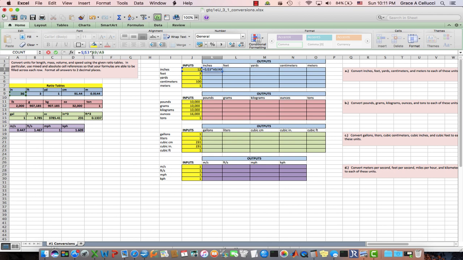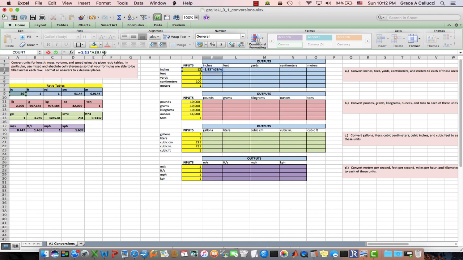Now, the multiplication factors refer to this table, and as we drag across, we will be multiplying this 12 in J3 by a 3, and then a 1, and then a 91.44, and then a 0.9144. So we do want the column to move, but we do not want the row to move, so we're going to go ahead and put a dollar sign there for that.